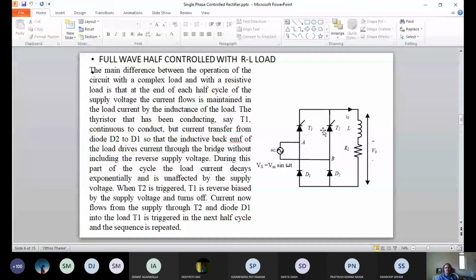So now T1 will turn off and the current will flow through T2. Again, the source voltage is positive at this terminal and negative at the other. This will continue.